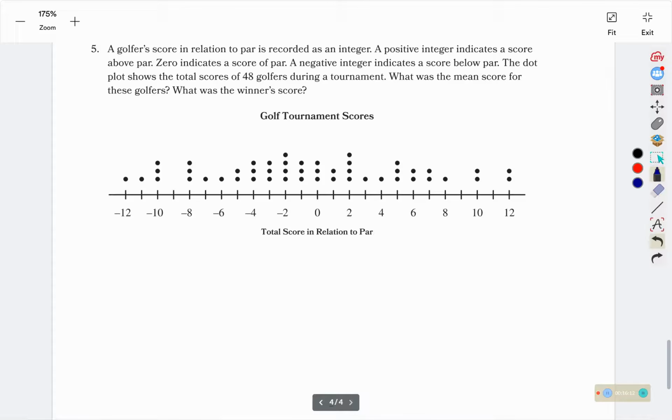So we're looking at the mean score first. Now, you might notice that there is a negative 12 and a positive 12. Those add together to make 0. So I can just eliminate one set of those. I see a 10 here. I can add 10 and negative 10 to get 0.